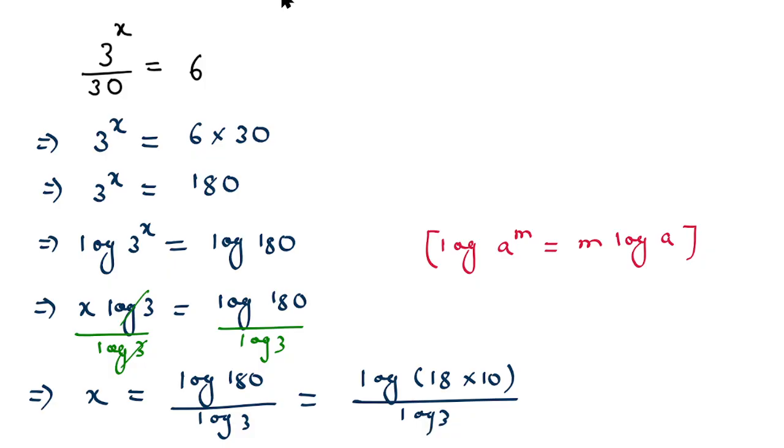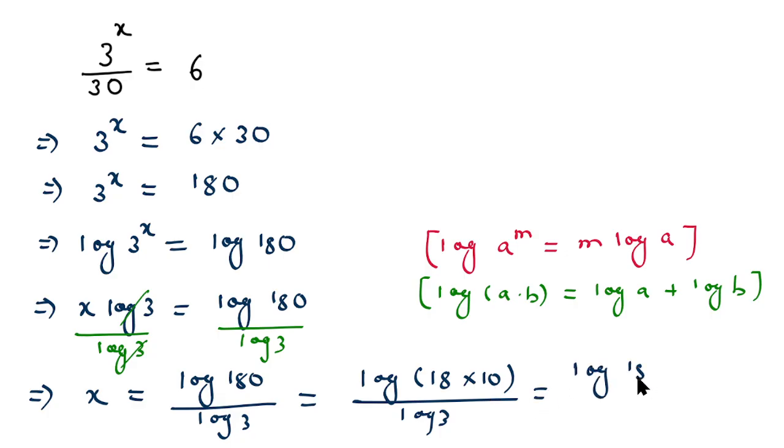There is one more formula, that is log a into b we can write as log a plus log b. So by using this formula I can write 18 into 10 as log 18 plus log 10 upon log 3.